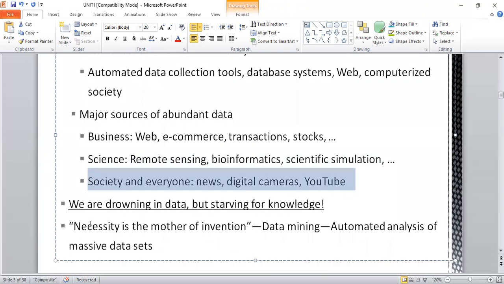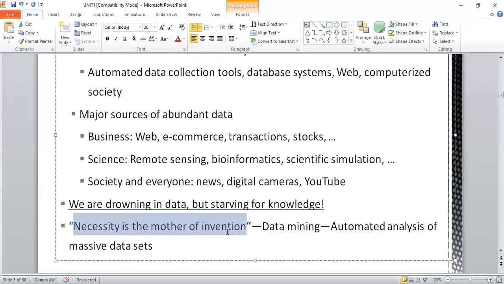Here it is written also, necessity is the mother of invention, because of which data mining came into existence. And it is nothing but the automated analysis of massive data sets, huge number of data sets. Now here, the conclusion is like we are data rich, but we are information poor.